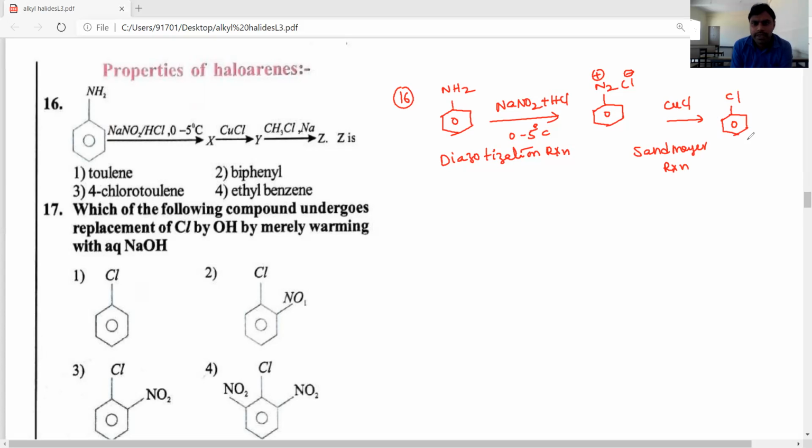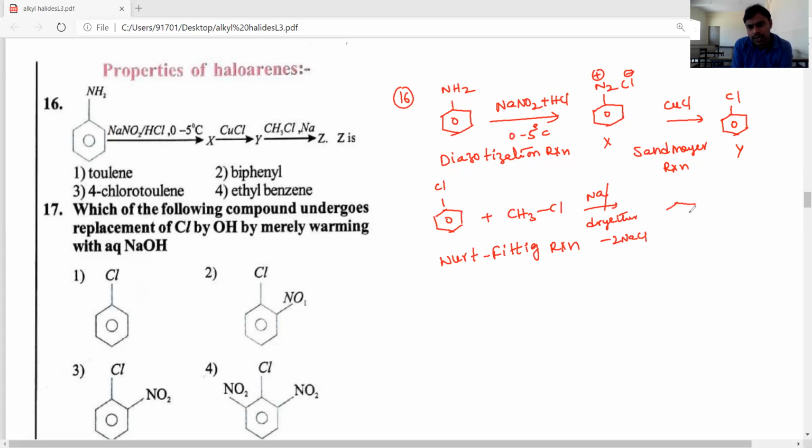Now this chlorobenzene is X, and this is Y. Chlorobenzene treated with methyl chloride, CH3Cl, in the presence of sodium metal and dry ether is known as the Wurtz-Fittig reaction. The product, with loss of 2 NaCl, is toluene. The final product is toluene, dear students. So the answer is toluene, first option.